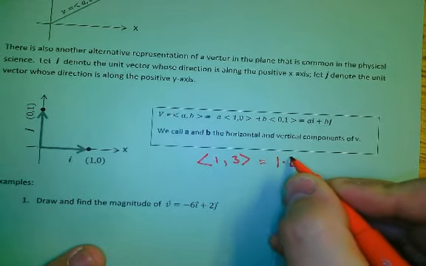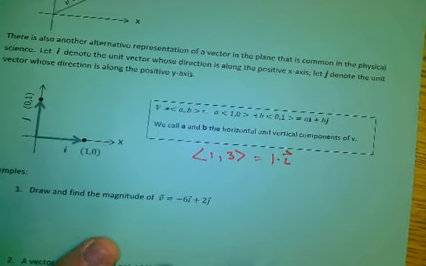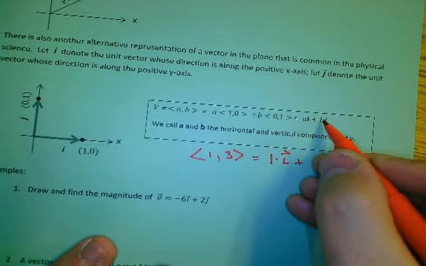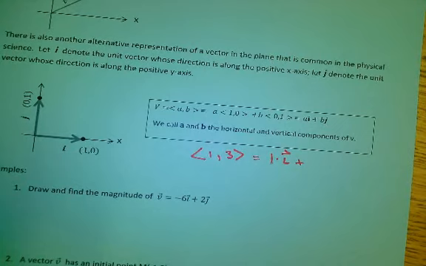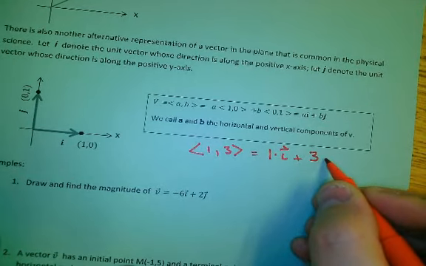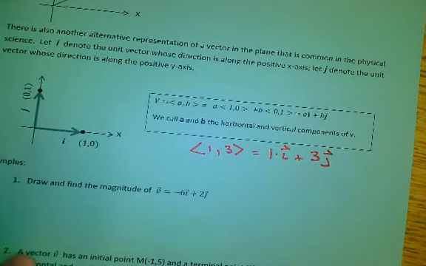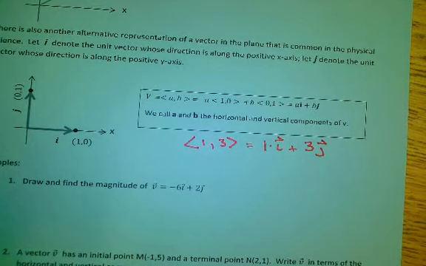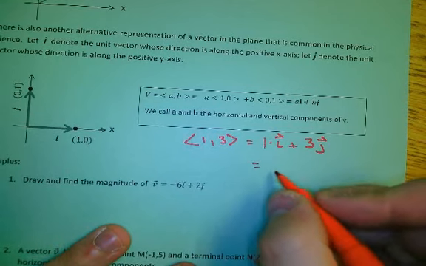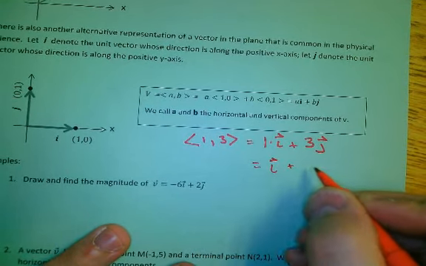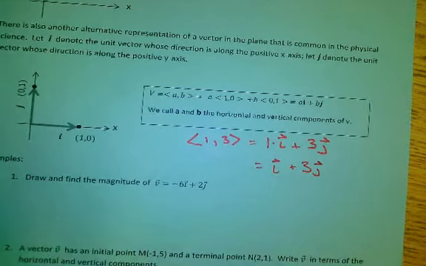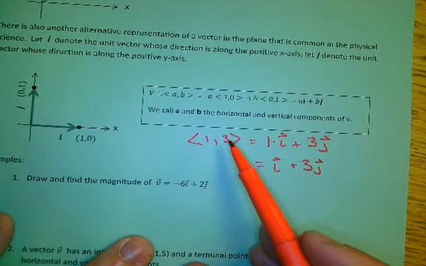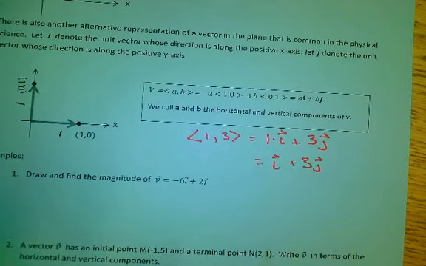I. So it's 1 times I, plus the B one is... I'm changing from component form to I and J form, because sometimes they ask you the questions in I and J form, so you just have to be aware of it. So what's 1 times I? 1I, just I, plus 3J. So it's going from component form to I and J form.